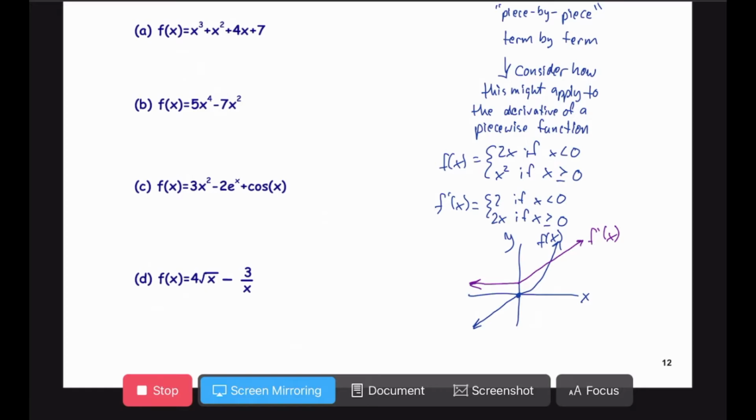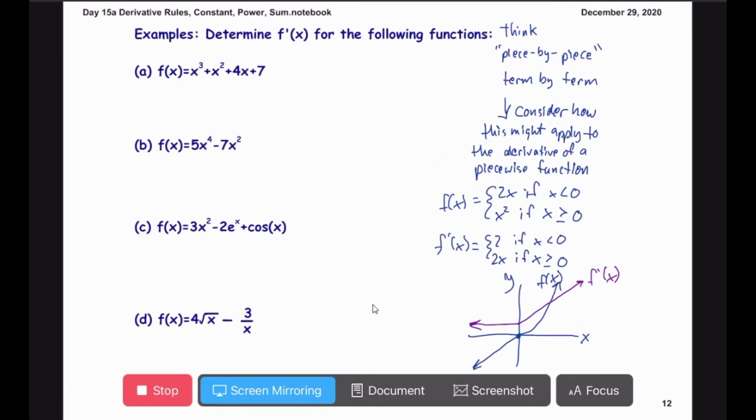All right, let's take a look at some power functions as well. In our first question here, we are looking at f of x equals x cubed plus x squared plus 4x plus 7. And remember, we're just going to take the derivative of each piece and then add them together.